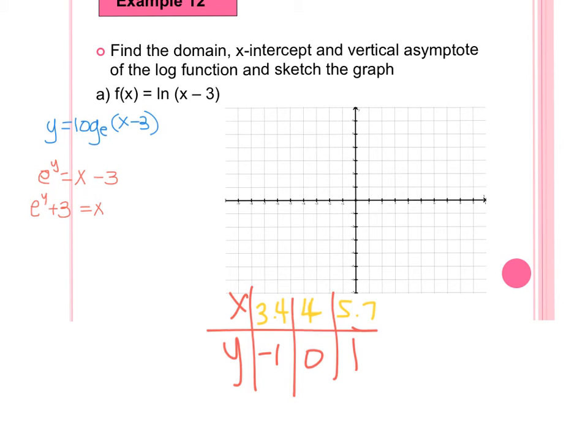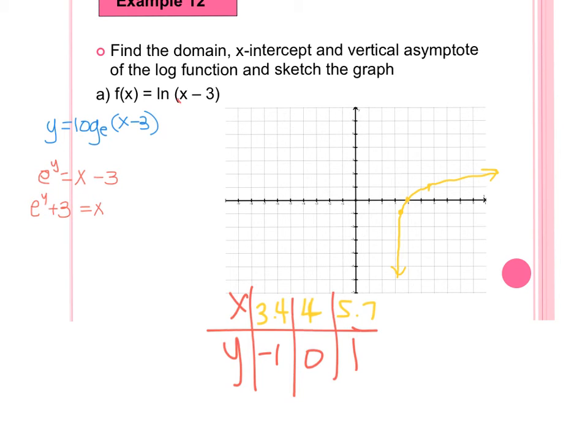All right, so I converted it into exponential, and then I plugged in my points. I got 3.4 and -1, 4.0, and 5.71. I know it takes the shape of the log function, which would look something like that.